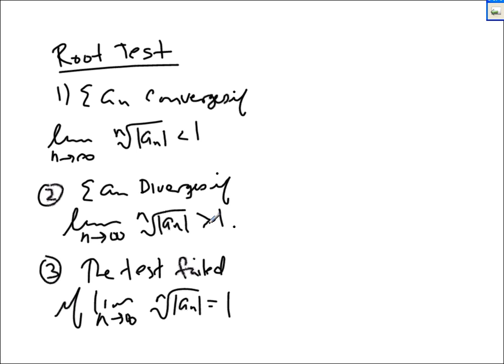Now, you would use a root test when you're raising stuff to a power. For example, if you have x to the n, but then you take the nth root. The nth root means to the 1 over n power. And when you multiply these powers, you get x to the 1.